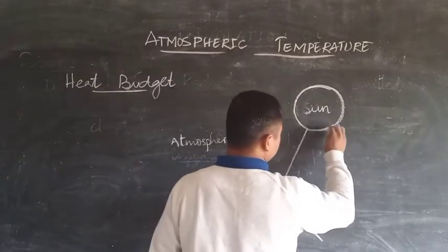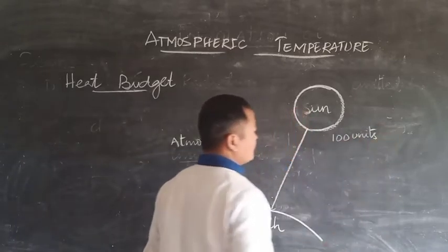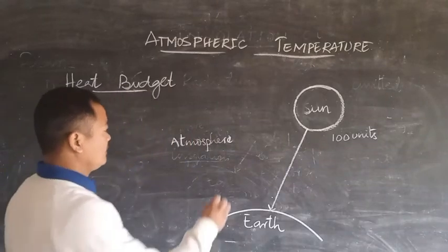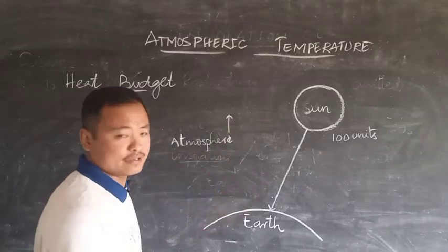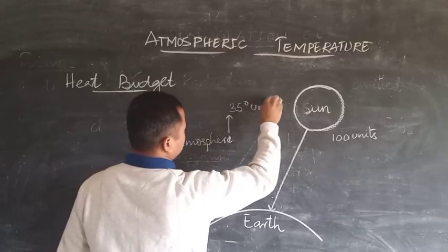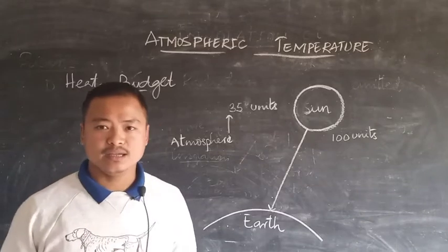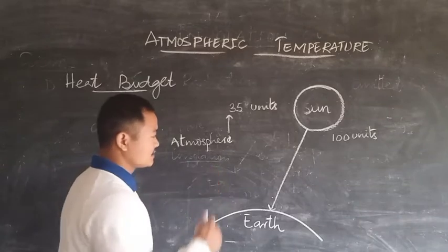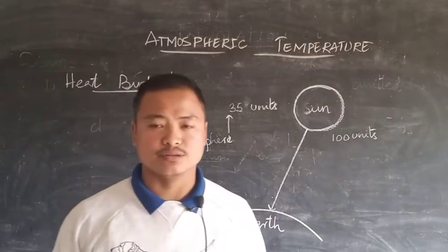If we consider that the sun gives out 100 units of heat, then before reaching the earth's surface, without heating the earth's surface, 35 units out of these 100 units are reflected back, either because of the atmosphere, or because of the clouds formed in the atmosphere, or because of the snowy land on the earth's surface.